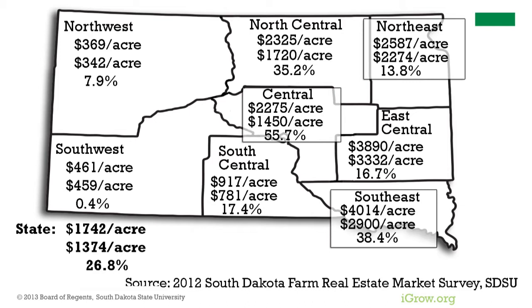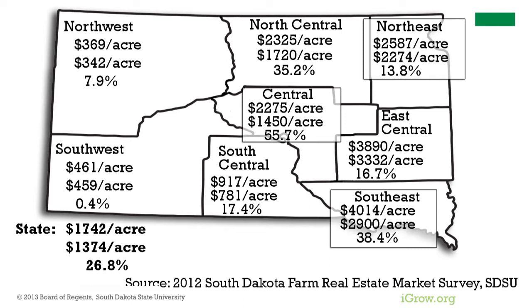In this first map, the values all represent the average valuation for all agricultural land for that region. All agricultural land, as reported in this map, is the weighted average of cropland, hayland, and pasture land for the different regions.